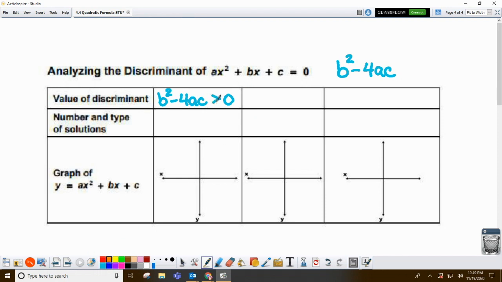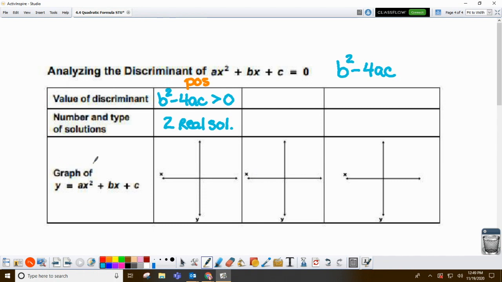Well, you couldn't tell them all to me, but you could tell me that they're all positive, and that's what I would be looking for. So all of the values greater than 0 would be positive. So when the discriminant value ends up being positive, we have two real solutions. That's because the number that's under the root is a positive number.